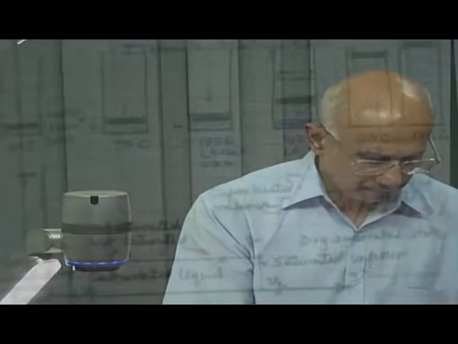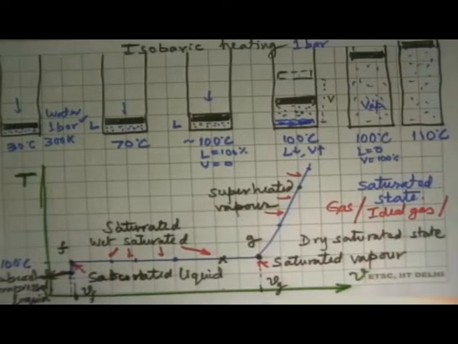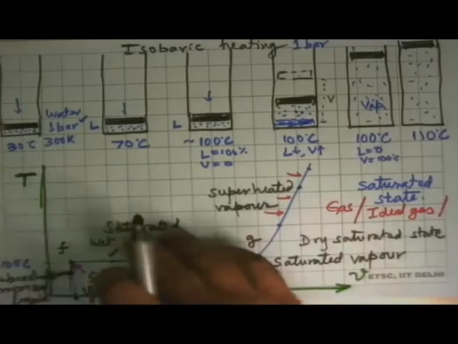Okay, so now we do the same experiment we did earlier, but instead of at 1 bar, we'll do the experiment at 10 bar, and then at 100 bar, 200 bar, 300 bar, 500 bar pressures. So that's what we will make the plot of now.